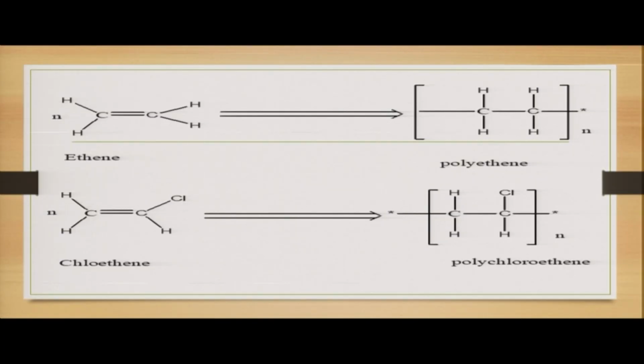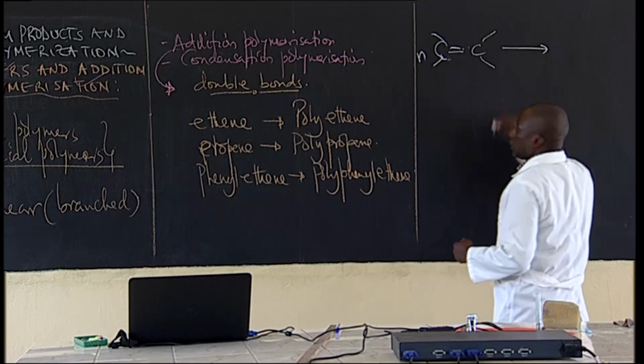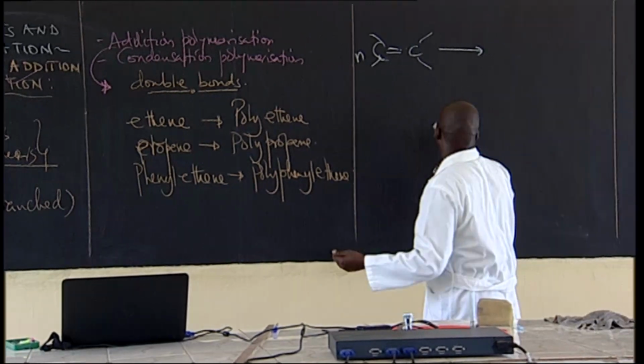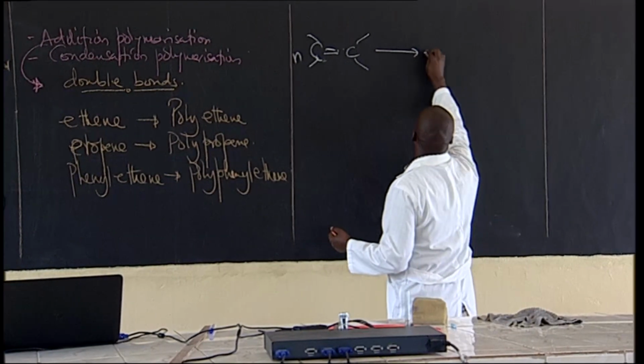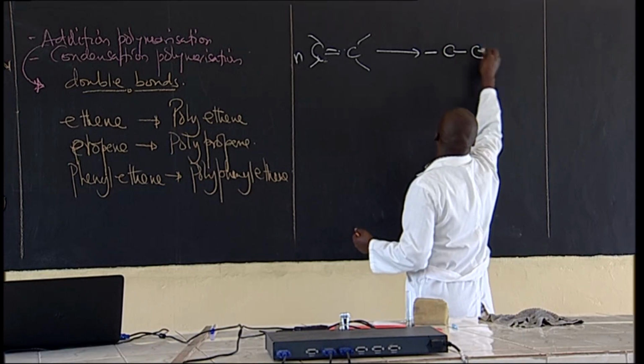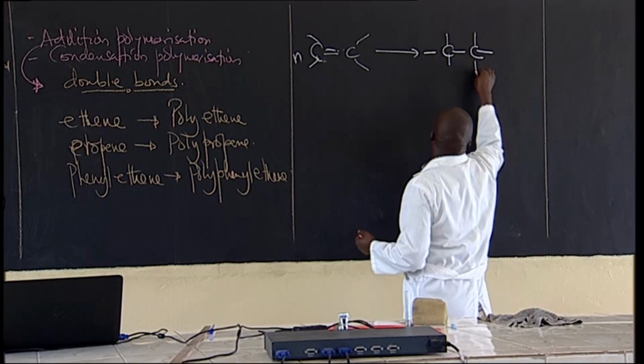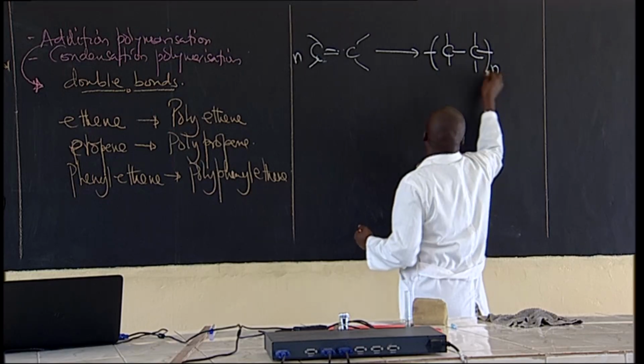So what we are saying here, as they are being formed, you'll have ethene molecules. This is ethene. N molecules combining together at high temperature and pressure. As they combine, the bond breaks, so you'll have this one as indicated.